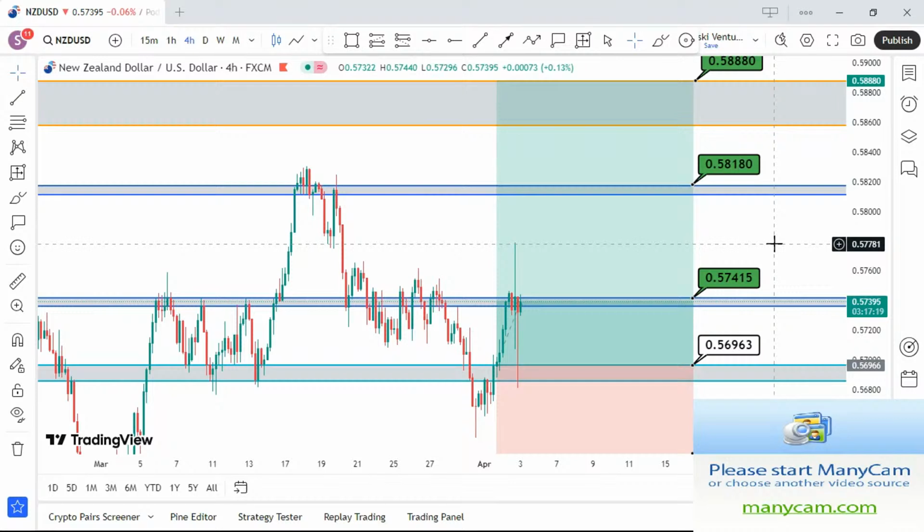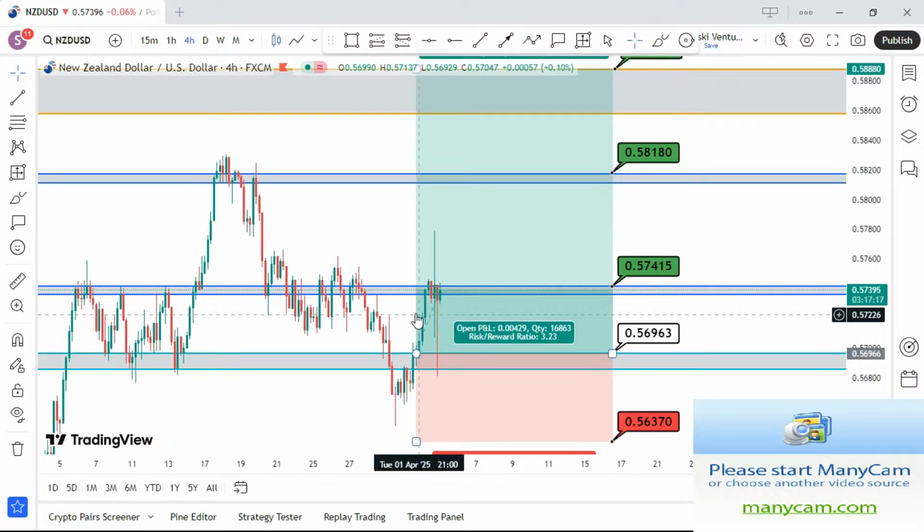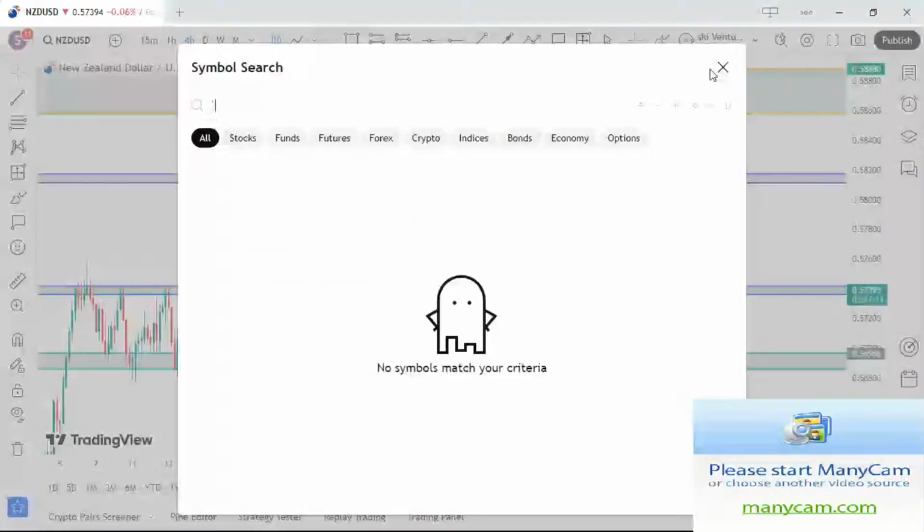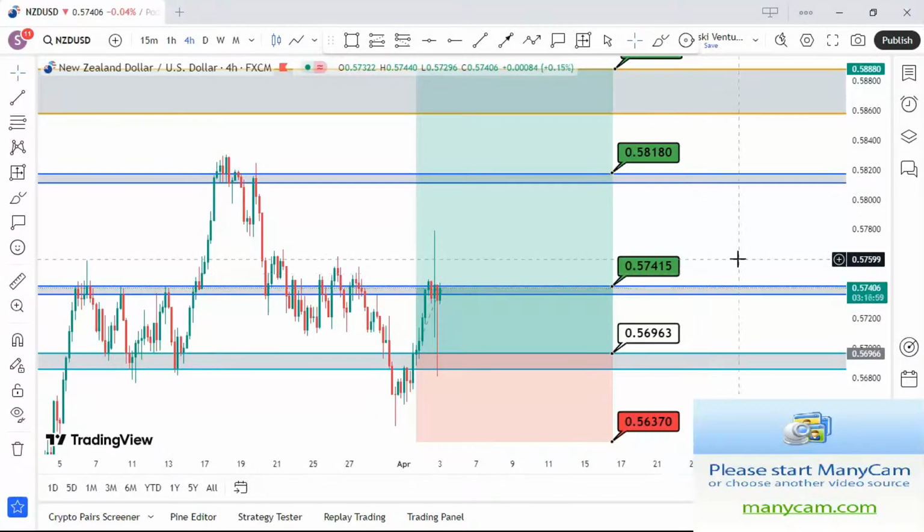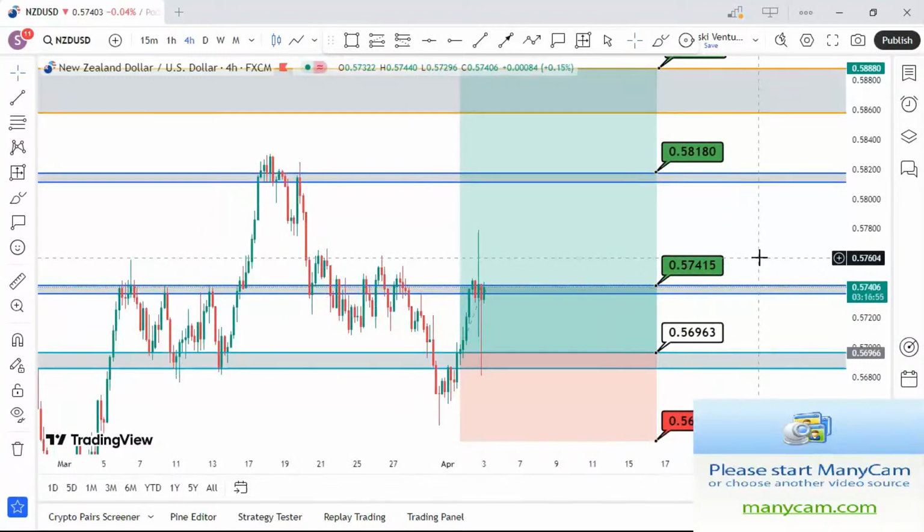So this was the trade we took. It went to hit our first target, then dropped. This was the news. When you know what's going on, you don't bother, you don't shake. Now, with experience, I know that if that's the direction of the market, it will definitely go up again.